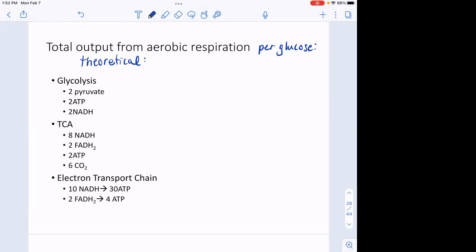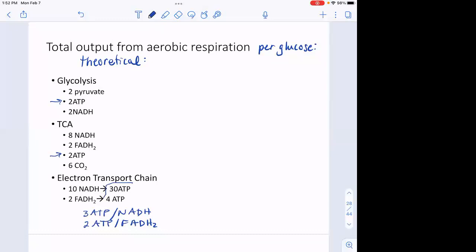In glycolysis, you put in 2 ATP, you get out 4, so you net 2 ATP. 2 ATP from the Krebs cycle, substrate level phosphorylation, and then all of the electrons that go to the electron transport chain, we get about 3 ATP per NADH and an estimated 2 ATP per FADH2.